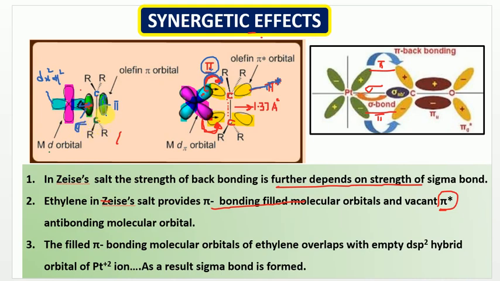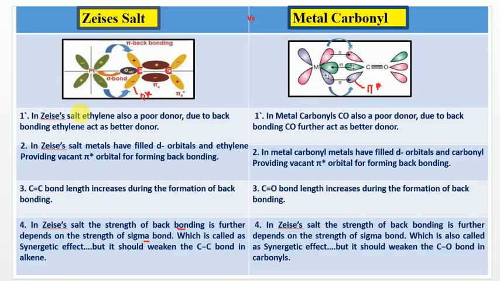This is said to be a synergetic effect. Okay, so it is the same kind of synergetic effect as we already discussed in the metal carbonyls, right? So now we are going to compare the synergetic effect of Zeise's salt with the metal carbonyl synergetic effect. In this comparison, the first point you can observe is that in Zeise's salt, ethylene is acting as a ligand, and ethylene is generally a poor donor ligand, but due to back bonding, ethylene acts as a better donor.